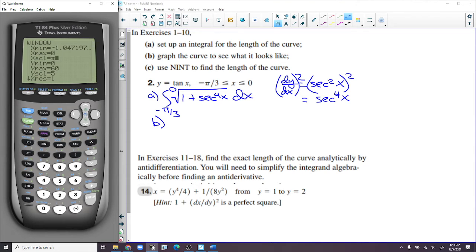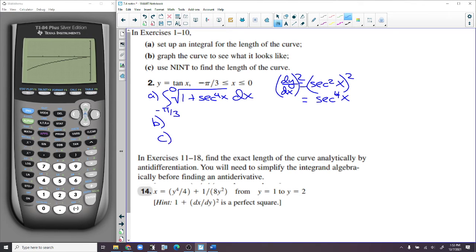I don't know, pi divided by 12, it doesn't matter. I think -3 to 2 seemed to be right. We'll adjust if we need to. There we go, -3 is good. So there it is graphed.